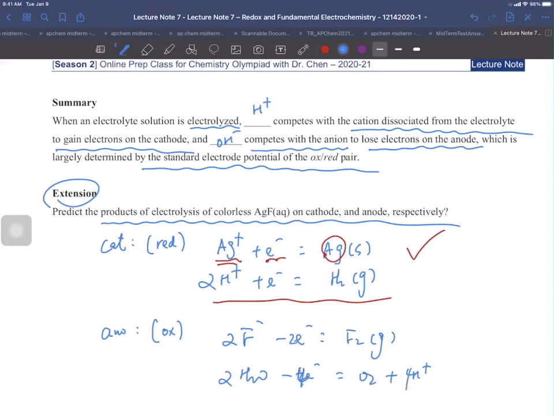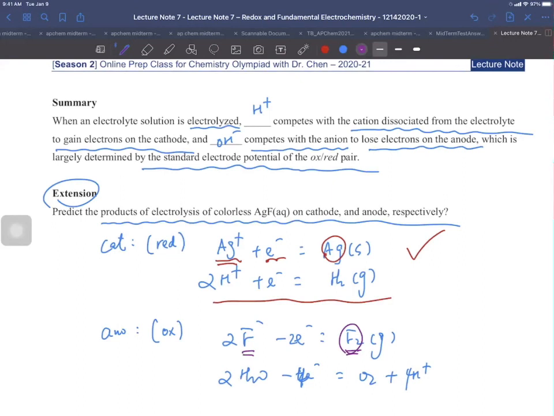Which one will win the game? If you check the potential table, fluorine has the highest standard reduction potential, which means fluorine gas has the strongest ability to gain electrons, which means fluoride has a weaker ability to lose electrons.